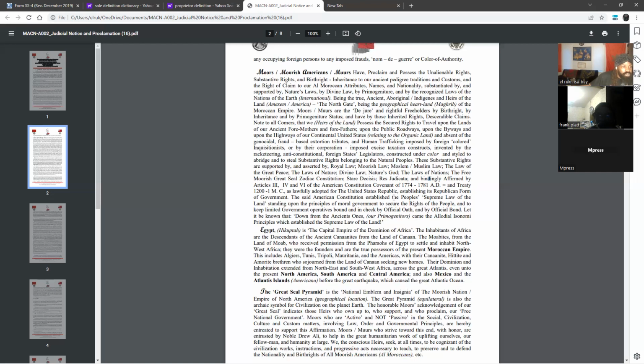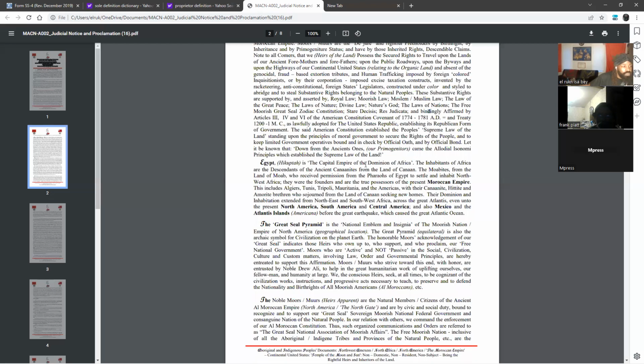The said American Constitution established the people's supreme law of the land, standing upon principle of moral government to secure the rights of the people, and to let it be known that down from the ancient ones came an allodial isonomy principle which established the supreme law of the land.